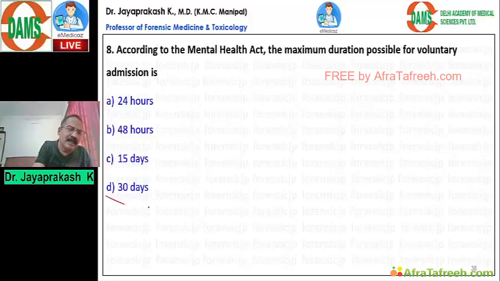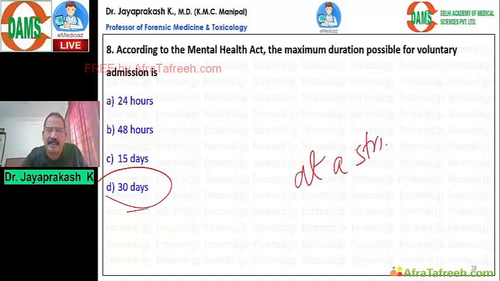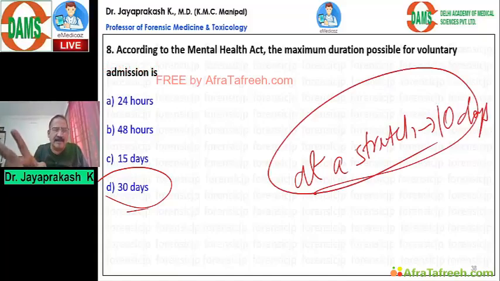Here the answer is 30 days, and if the question asks at a stretch, it is 10 days at a stretch, maximum 30 days. So here the answer is 30 days.